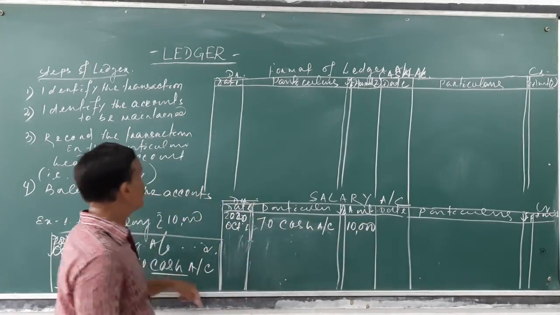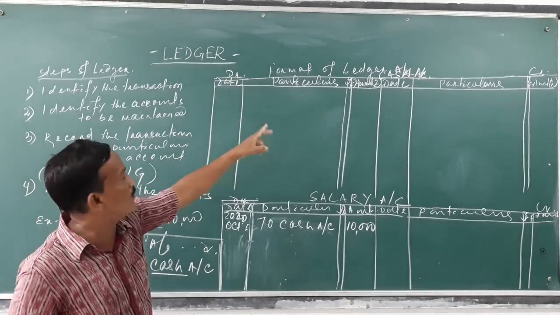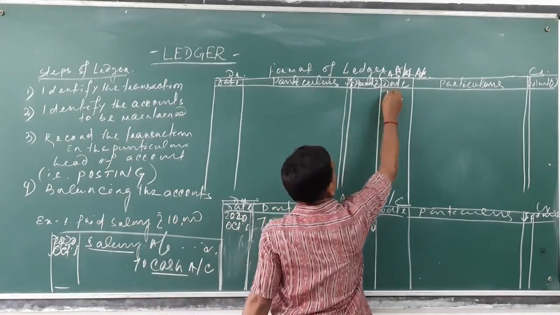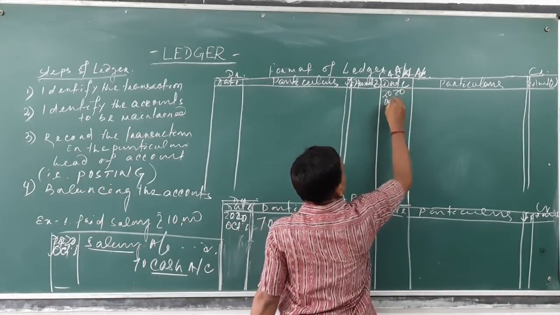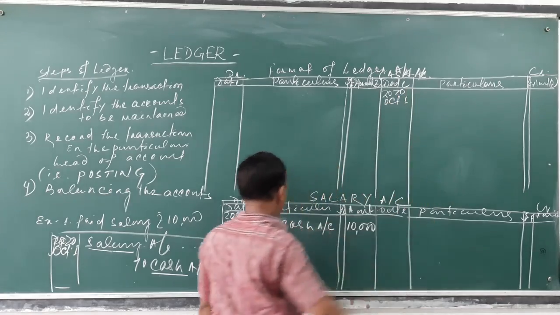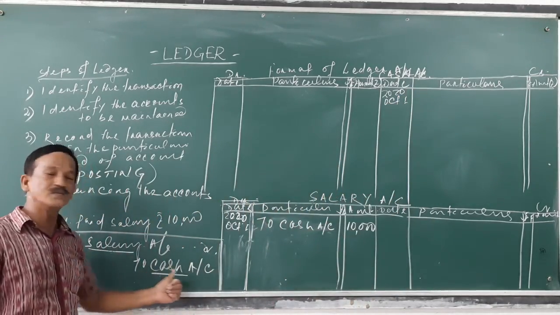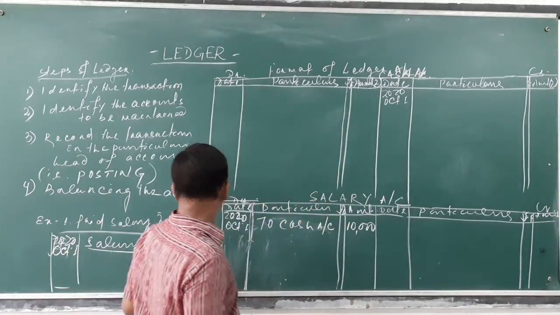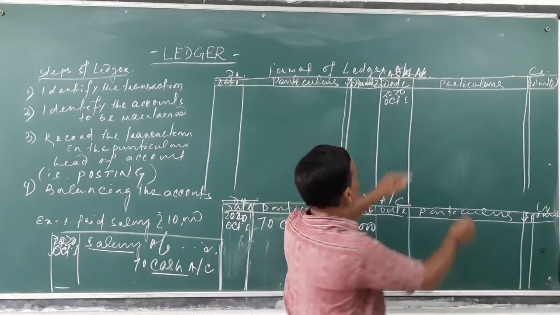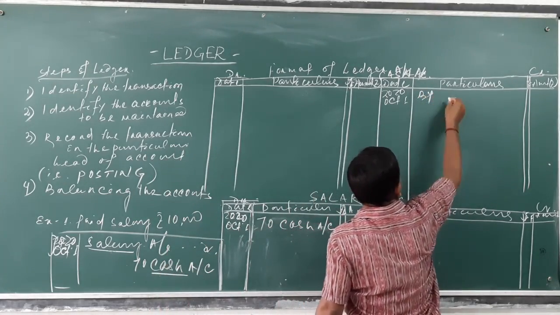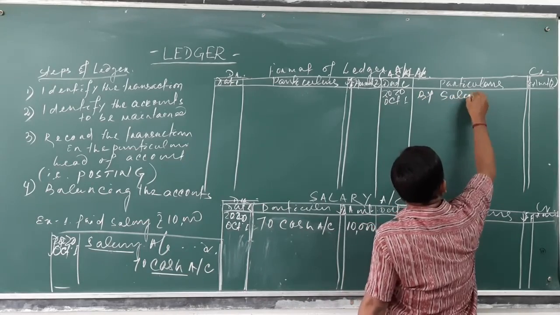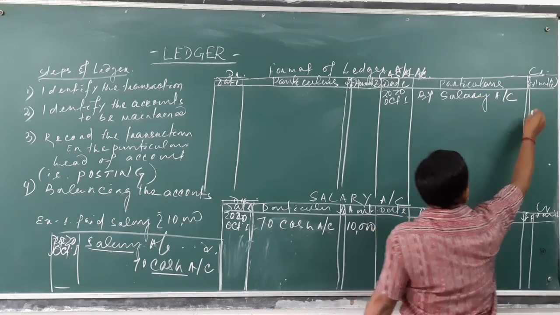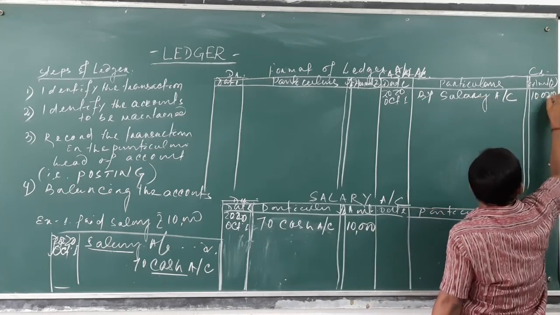Now we come to the cash account. Here, 2020 October 1st. The cash account is credited, so write on the credit side, "by salary account, 10,000 rupees."